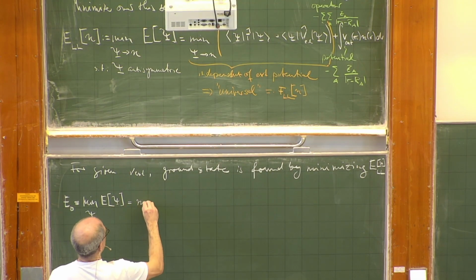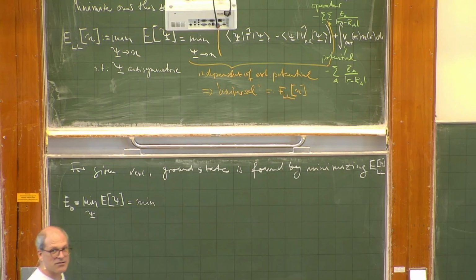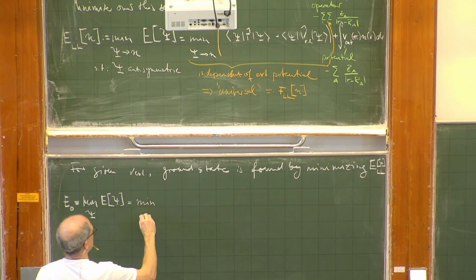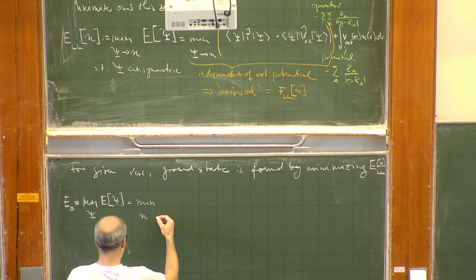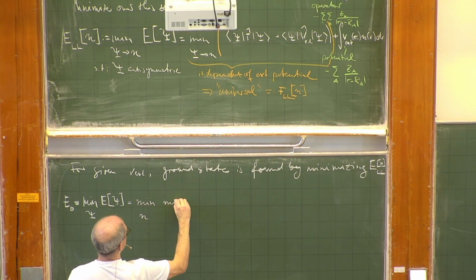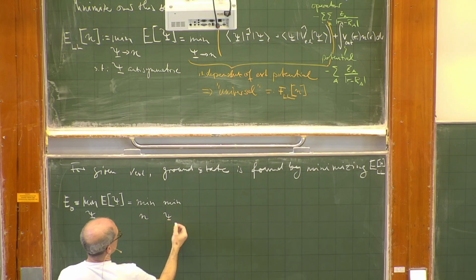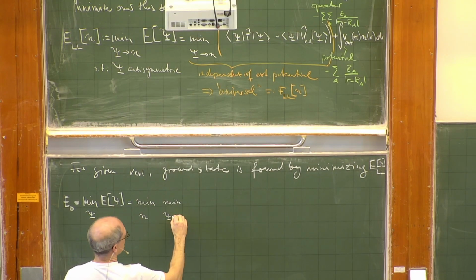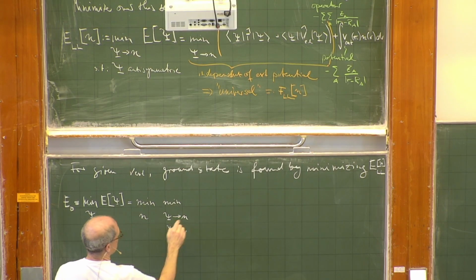And now we can write this instead as a nested minimization. We minimize over the density, and then we minimize over all antisymmetric wave functions that result in the density.